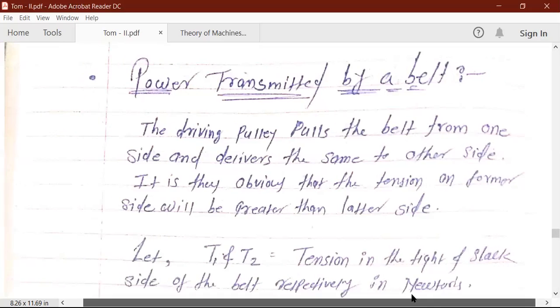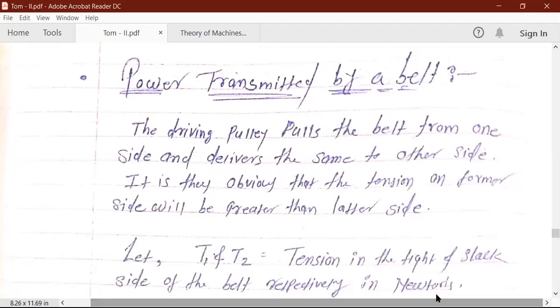So the first concept is power transmitted by a belt. Let us see. The driving pulley pulls the belt from one side and delivers the same to the other side. So again, just recall the diagram of your simple open belt drive system.